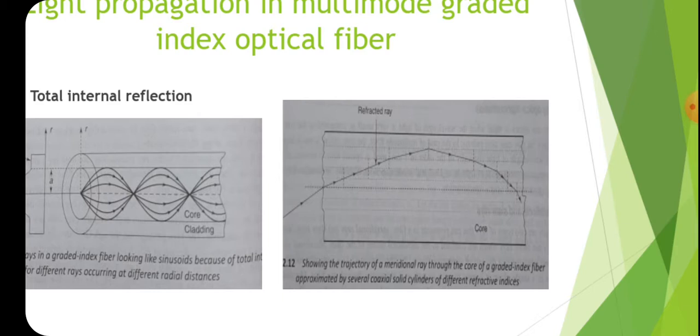And the representation is like that, and the cylinder layers may be assumed to have constant refractive index. That means we are representing the core by different cylinder layers, and that means one cylinder, and outside that cylinder there is another, and outside that another cylinder and another cylinder.